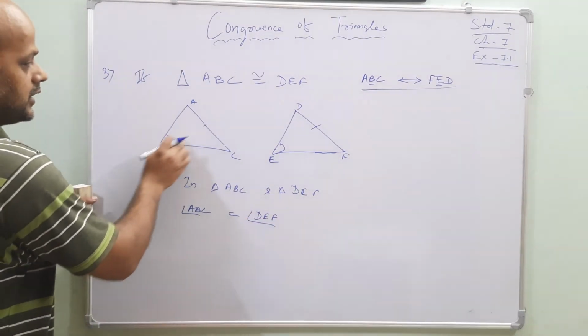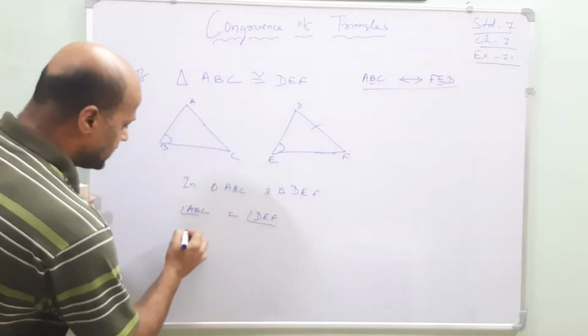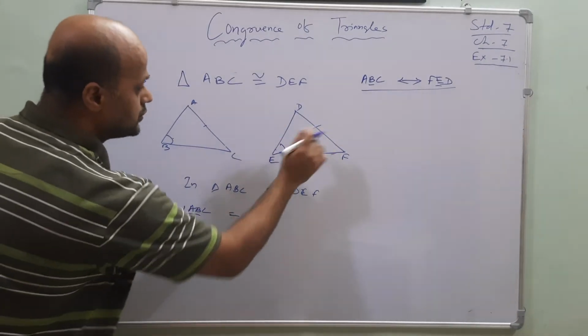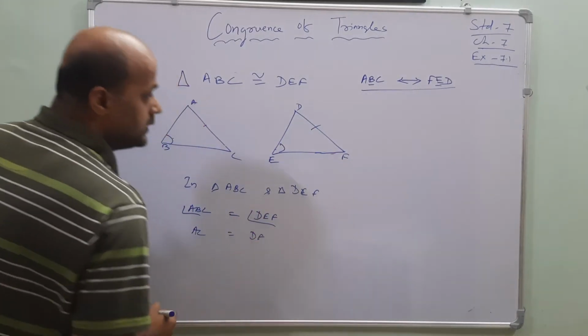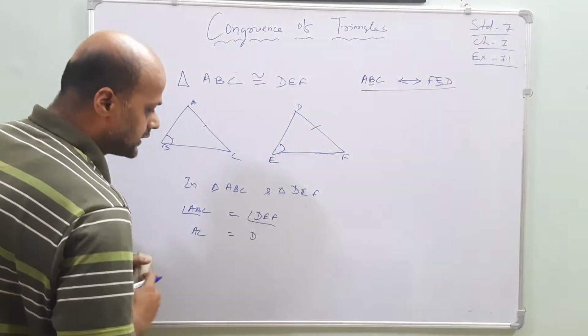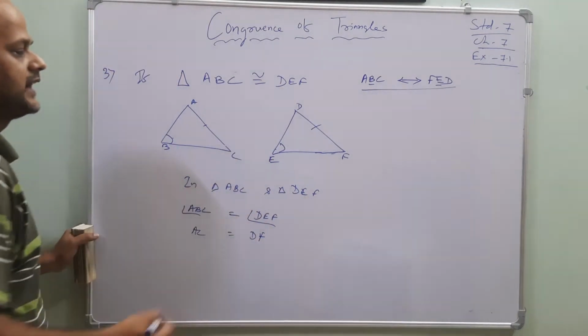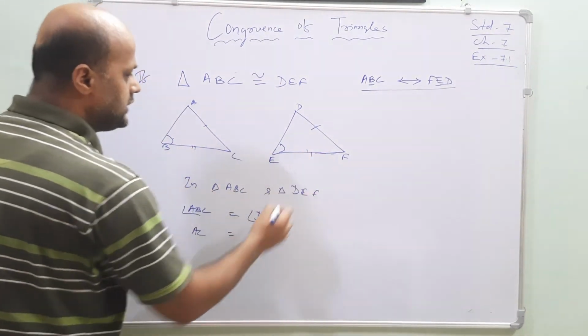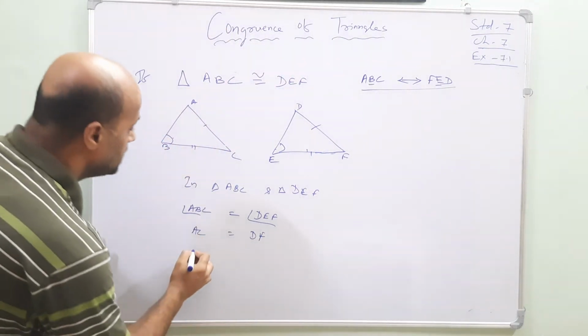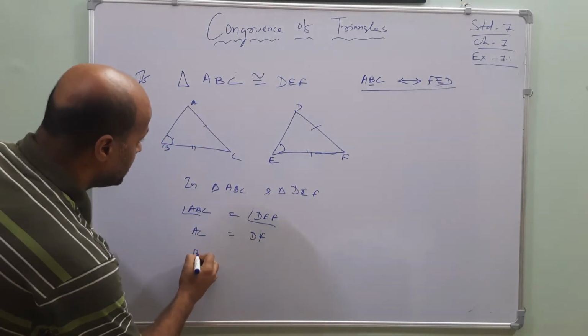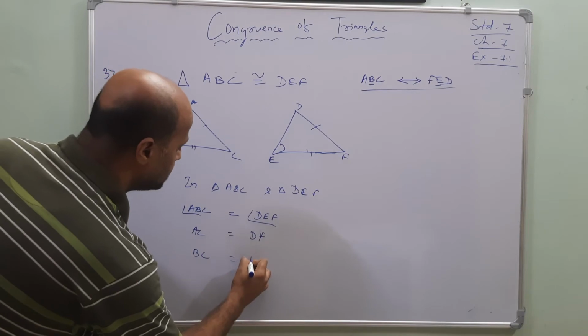Next, the side opposite the angle is also equal. That is AC is equal to DF. Any of these sides you can write also: BC is equal to EF, because it is saying congruence.